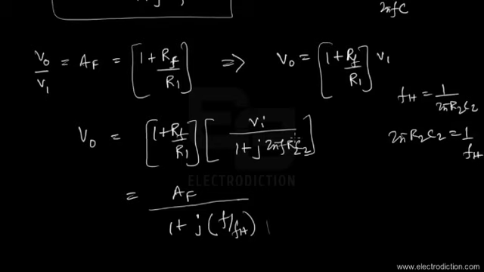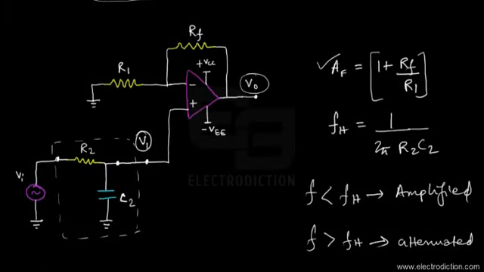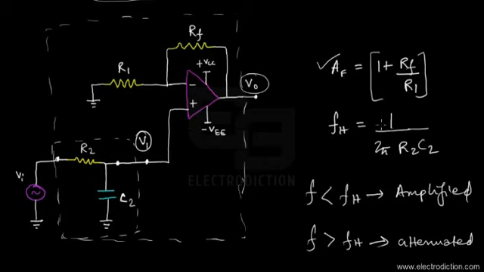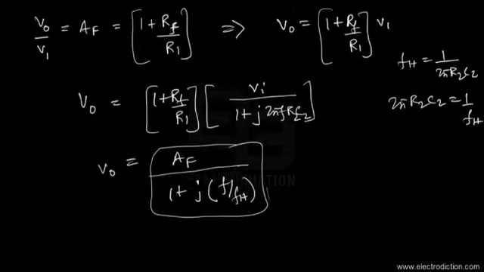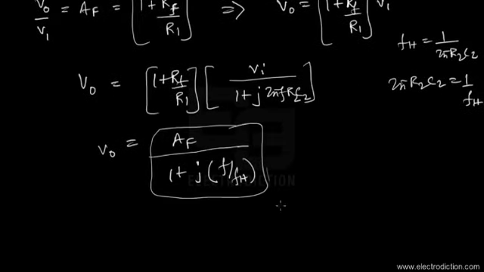So we've just substituted 2 pi R2C2 with 1 by fH over here, and that's why we landed up with this expression. This is equal to the output obtained from this entire circuit, which we've just calculated using basic circuit theory.